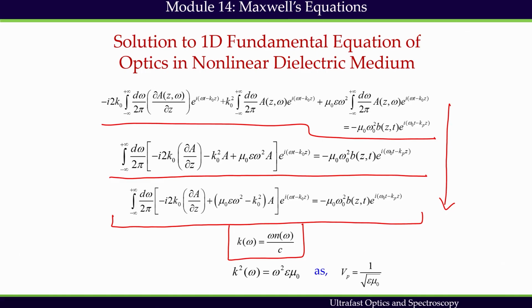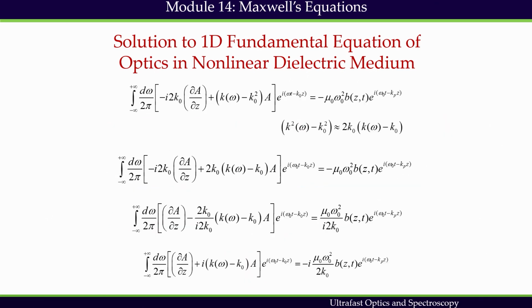So, this mu naught epsilon omega square part can be written as k square, and k depends on omega. If we write a general expression for k, then we get this k omega. This is a general expression for k. This is k square.